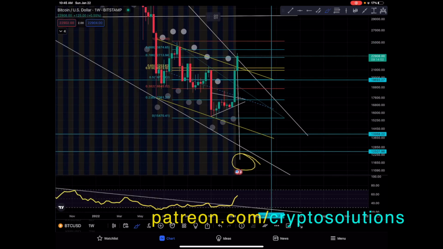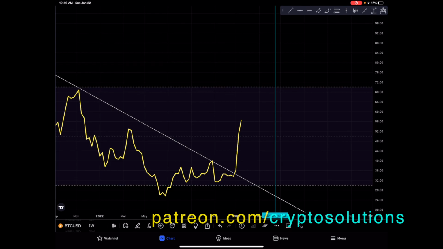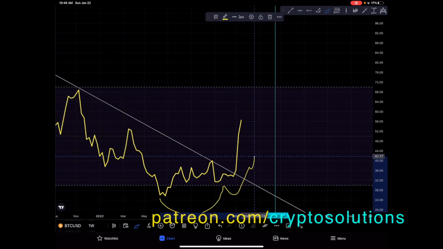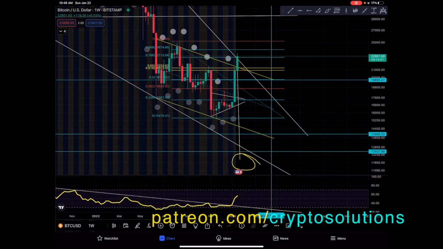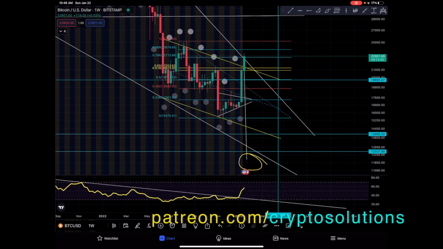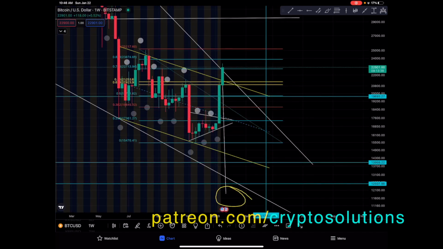It's very clear, lower highs here, and in the RSI, here we got higher highs, and that's the explanation also because of the uptrend. And right now the weekly RSI is on 56.